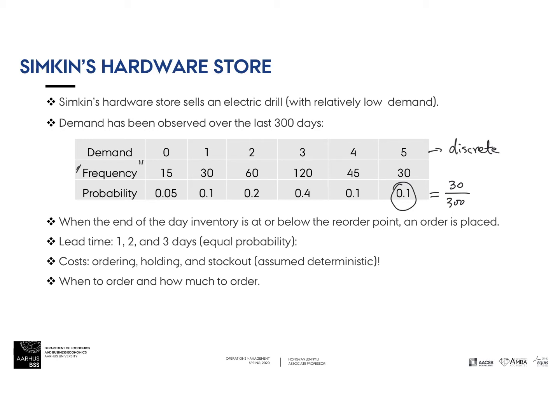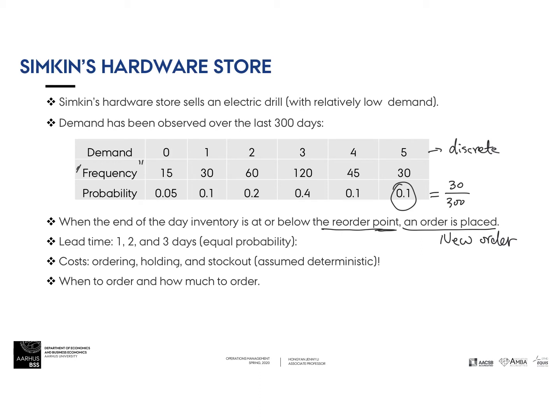And then we know that when, at the end of the day, inventory is at or below the reorder point, an order is placed. That's a term you should know about. We're talking about the reorder point and a new order. So when your inventory level is below a threshold, a new order will be placed.